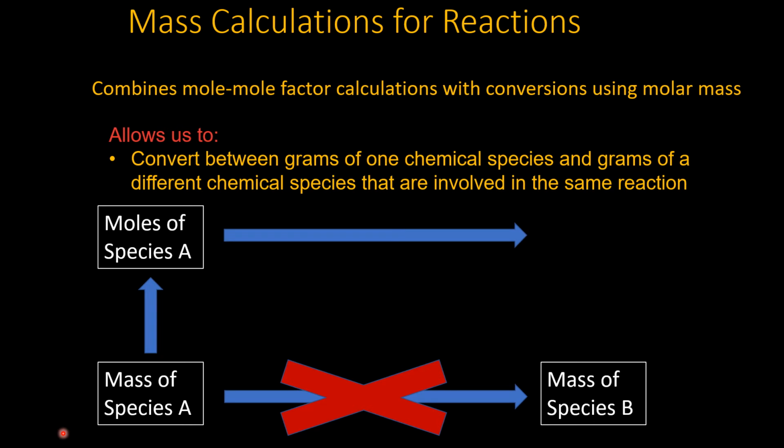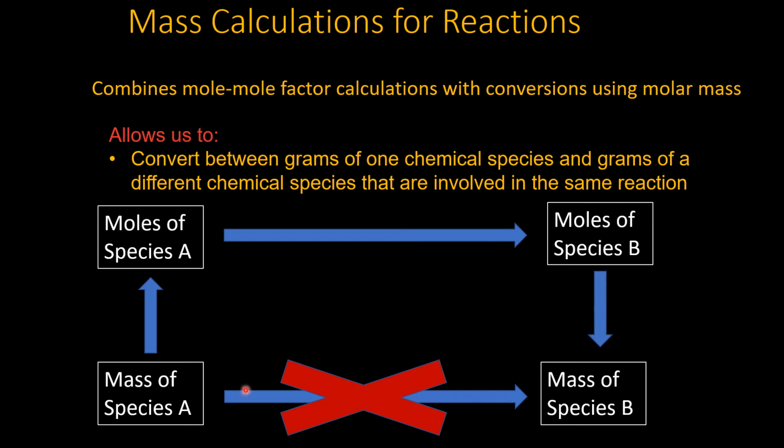Then you can go moles of one thing to another in the equation because these are molar relationships in the balanced equation. Once you have gone from mass to moles and then moles to moles, now you can take your new moles of B and convert back to a mass, but you cannot go directly from grams to grams.